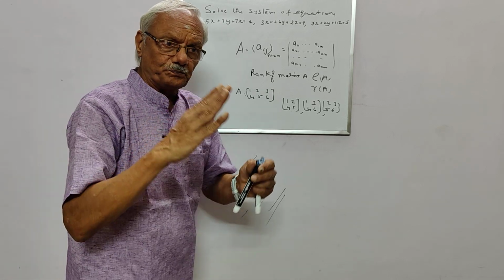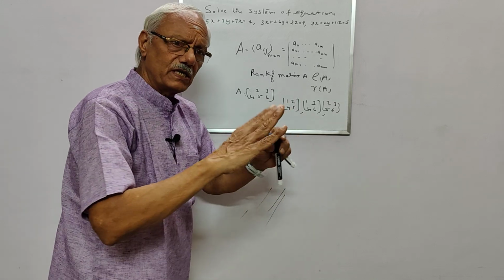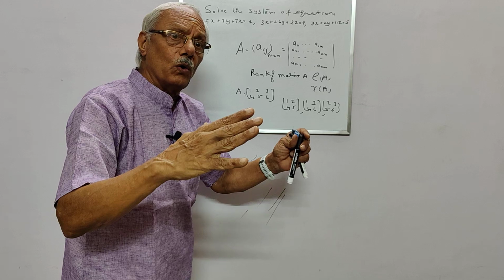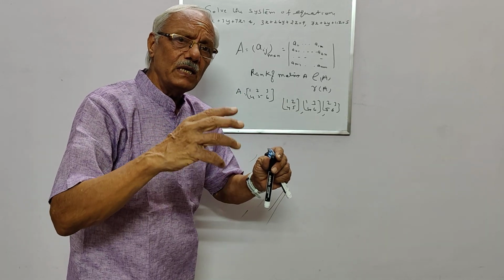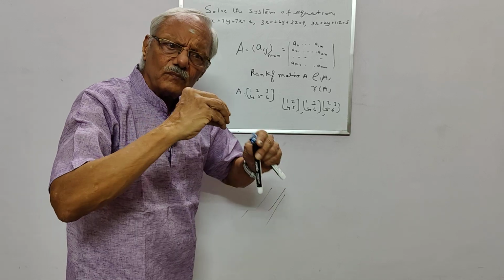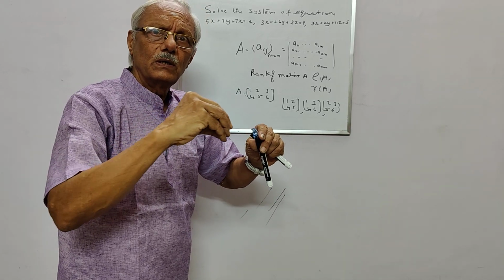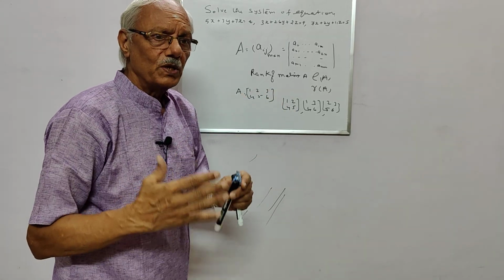So this is a matrix, and the minors of the matrix are given like this. Here we got 2 cross 2, it can be 3 cross 3, and it can be 4 cross 4, depending on the matrix that you take. So you can make any number of such minors, and we call them submatrices also.